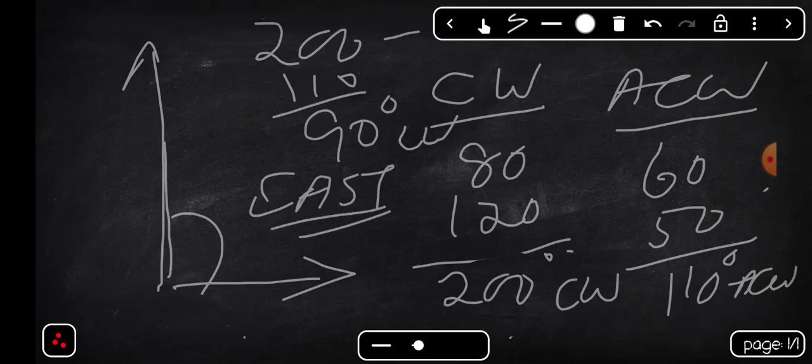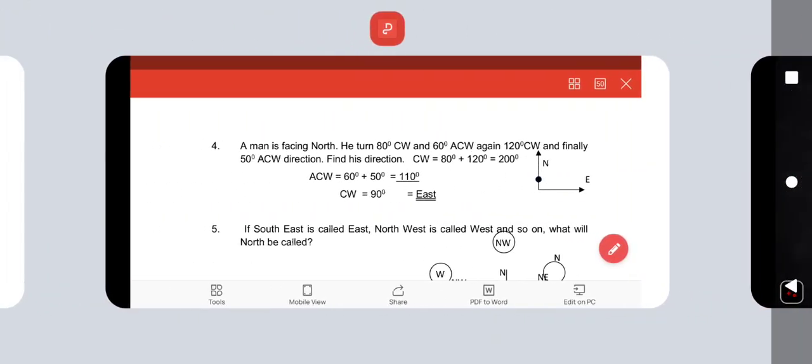Because he is facing north, if you turn clockwise 90 degrees, it will be east. It will be east. Okay, got the point? Now let us see the next question.